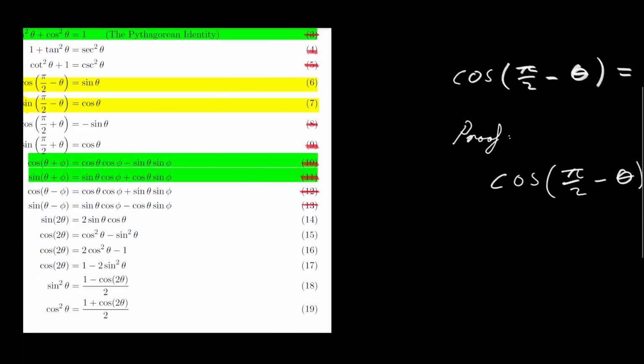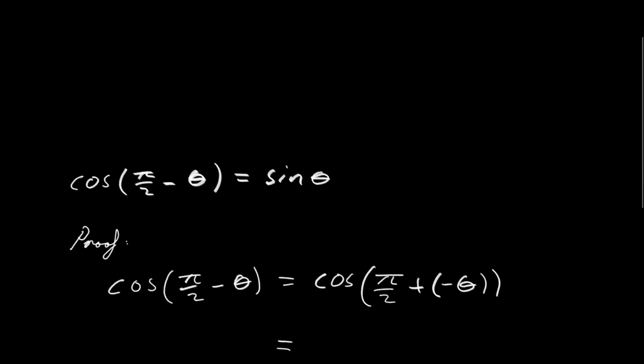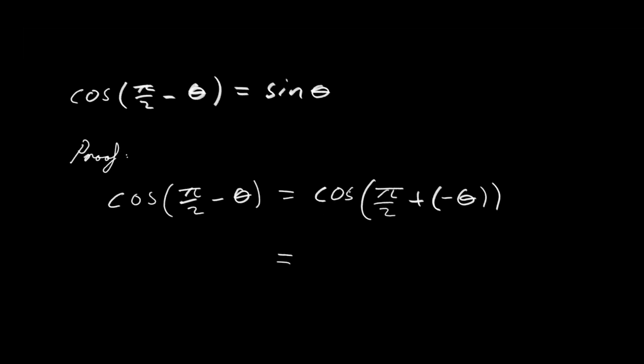The coangle formula that we will apply is trigonometric identity number 8. It says the cosine of pi over 2 plus some other angle is equal to negative sine of that angle. So this must equal negative sine of that angle, which happens to be negative theta.